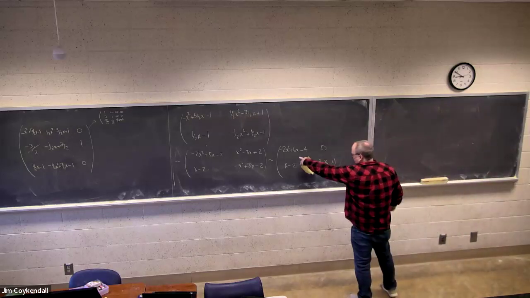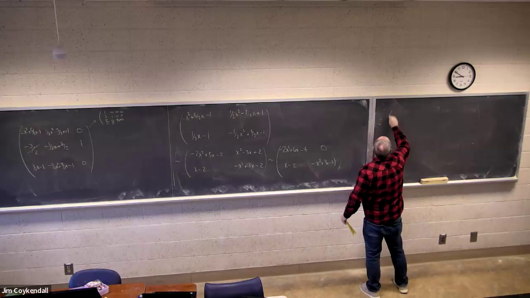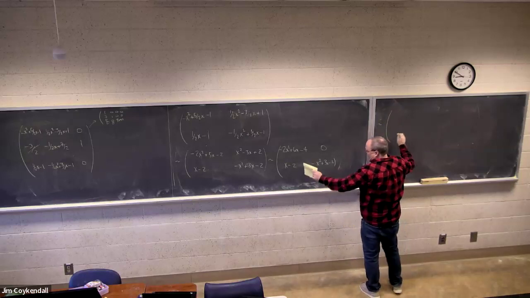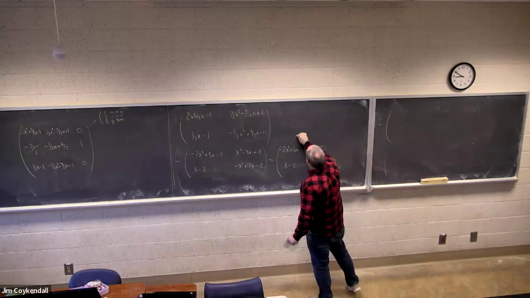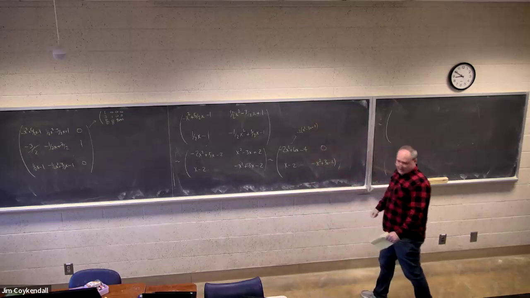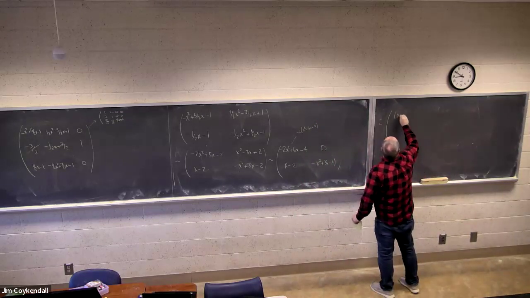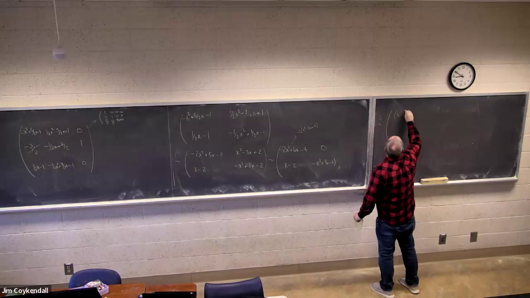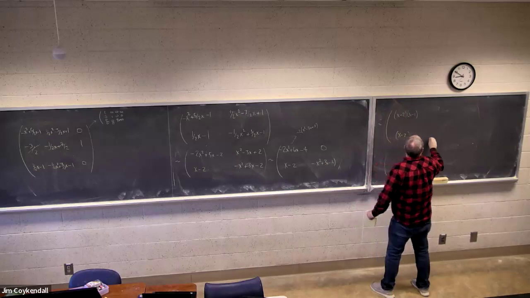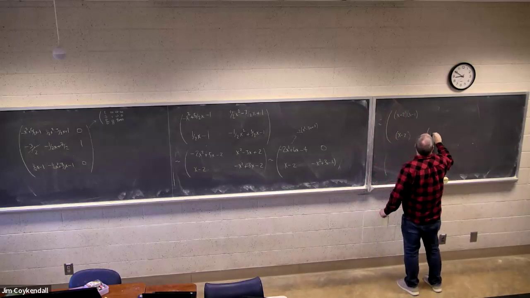Now notice I'm going to divide out by 2, and this is actually minus 2 times x squared minus 3x plus 2, which is actually x minus 2 times x minus 1. So I'm going to get x minus 2, x minus 1, and x minus 2.